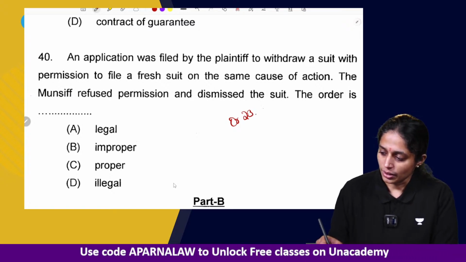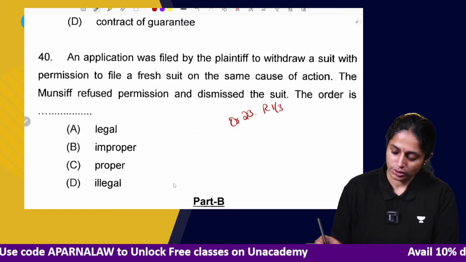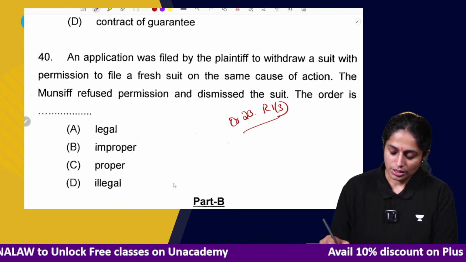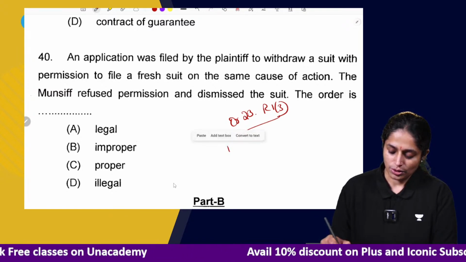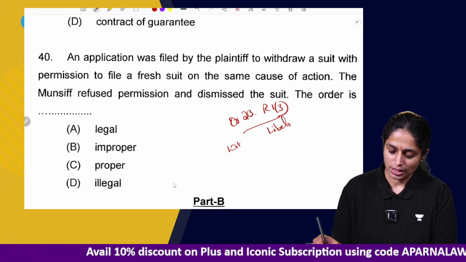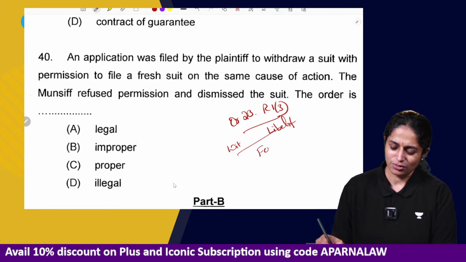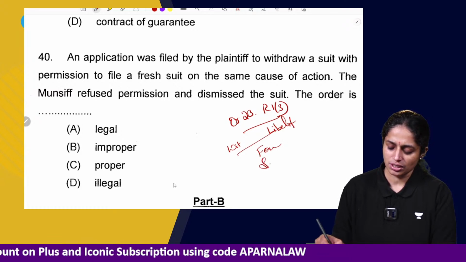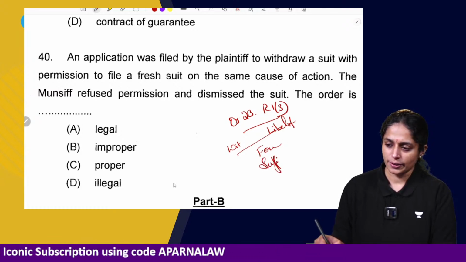Order 23, Rule 1, Sub Rule 3 says you can withdraw the suit with liberty to file a fresh suit if some formal defect is there, or if there is sufficient cause.